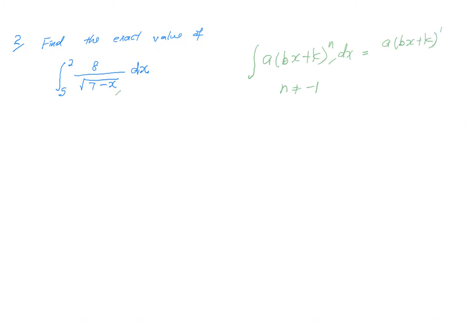Power plus 1. Divide by two numbers: 1 is the new power, the other one is the coefficient of x, plus c. So you write all these formulas in your notes. First step, I have to change this into this form.